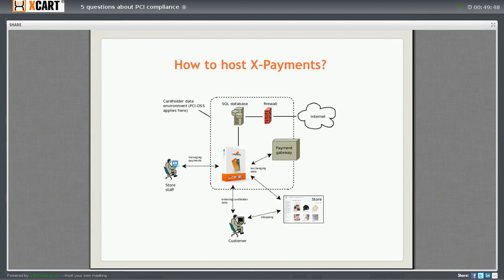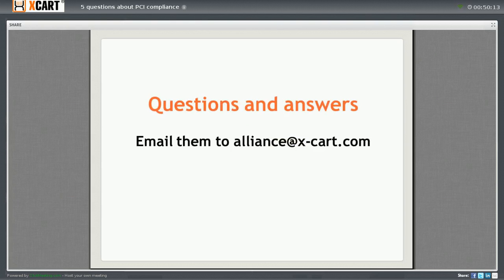But in this case, X-Payments should be run in a separate PCI compliant host environment. It can be a virtual private server, a dedicated server, or shared hosting, provided there is no other software installed and run under this account. And I think we can go to the questions and answers section of our presentation.